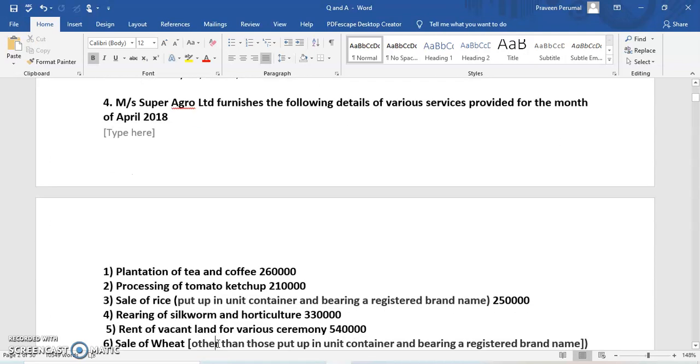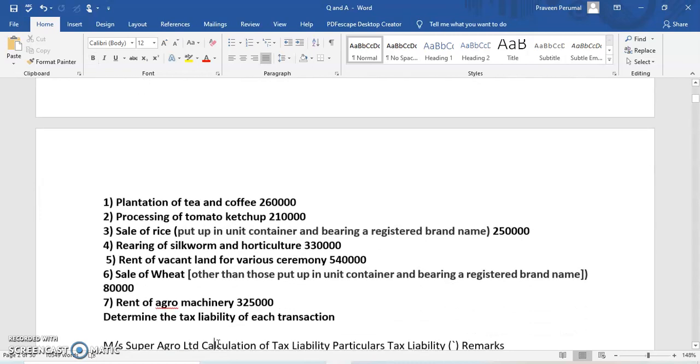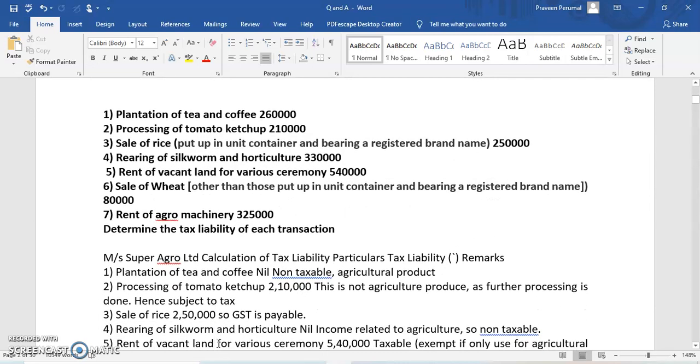Next question. Mrs. Super Agro Limited furnishes the following information. First, plantation of tea and coffee. It is 2,60,000. Let me be very clear. This is not taxable because tea and coffee are agriculture products. Therefore, plantation of tea and coffee, 2,60,000, is non-taxable. The reason is that it is an agriculture product.